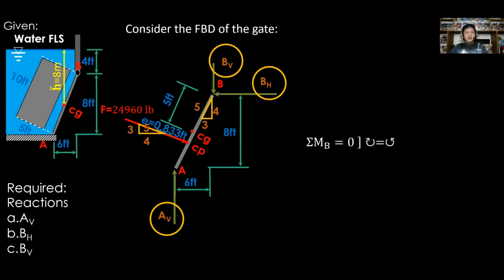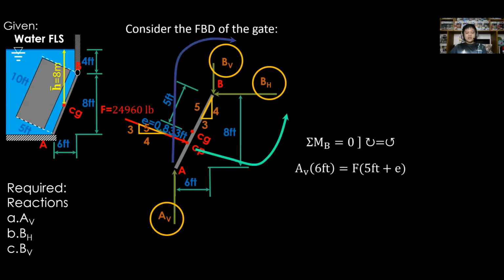Next is to eliminate temporarily the reactions at B by applying moment at point B. So the clockwise moment is equal to the counterclockwise moment.